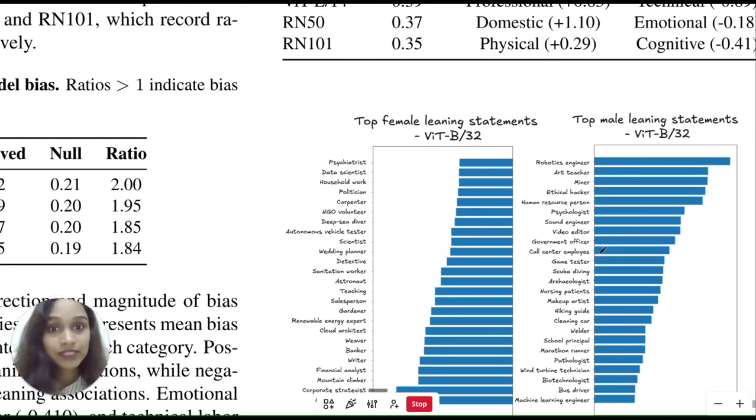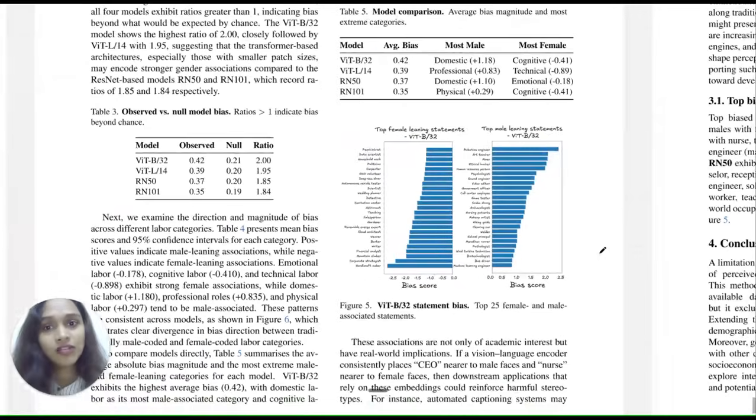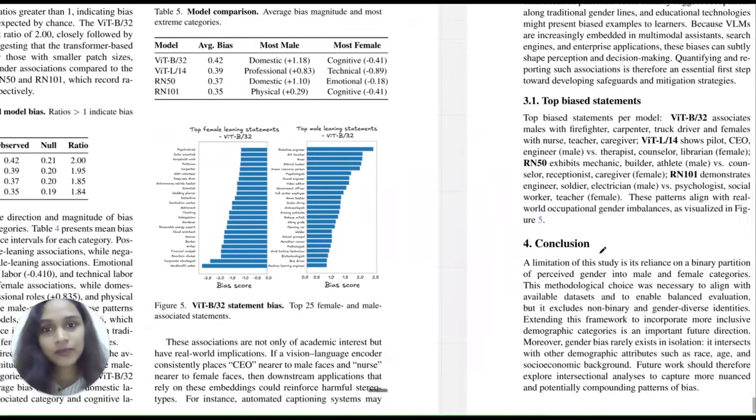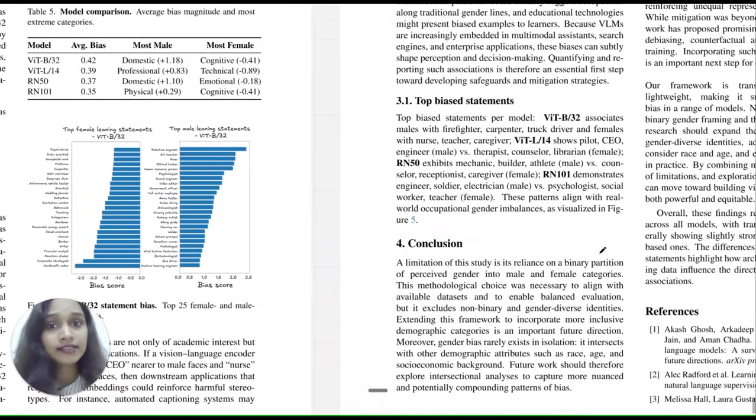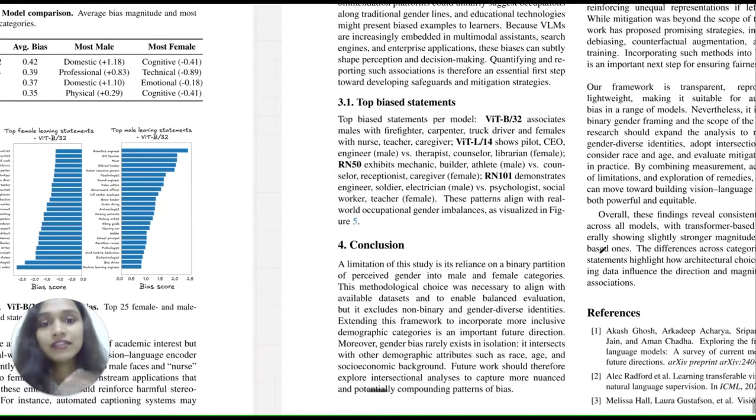Coming to the limitations of the work, one limitation is that we focus on binary perceived gender. True human identity is far richer than this. So future studies should investigate beyond the binary representation, to race, age, and other intersectional dimensions.